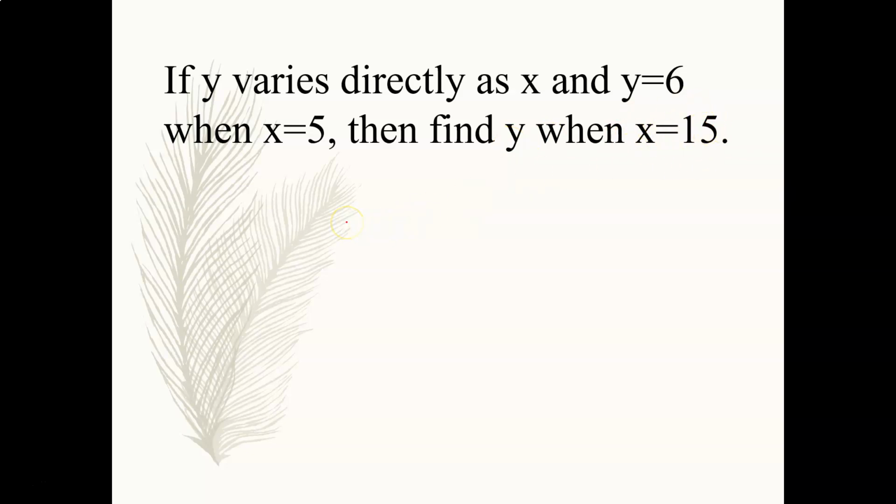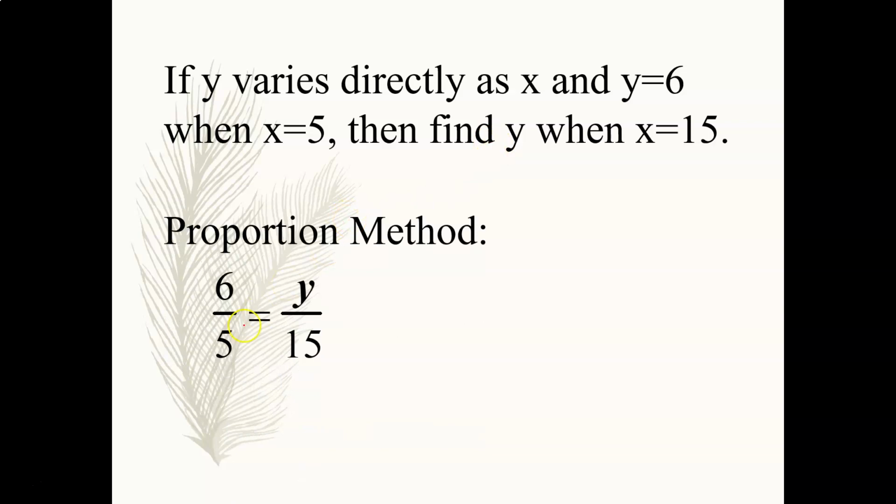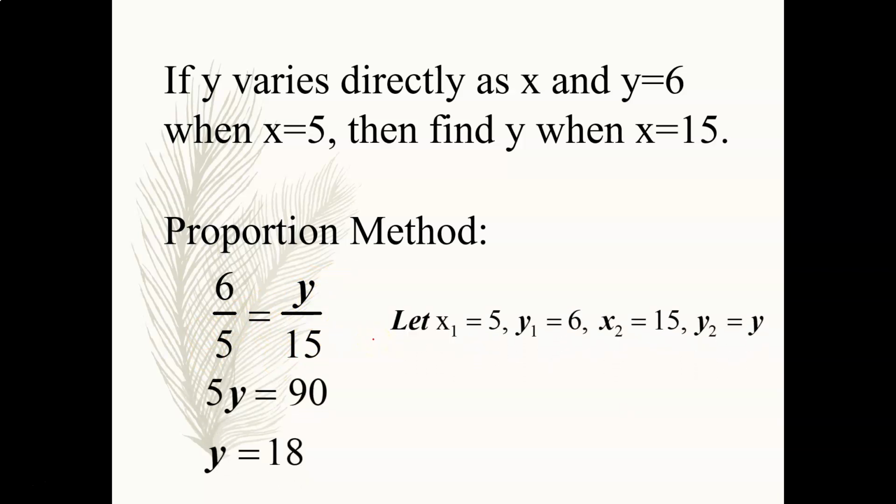Using ratio and proportion, we don't need to find the constant of variation. We're going to find only the value of y. So we can write 6 over 5 equals y over 15. Doing the cross multiplication, 6 times 15 is 90, and 5 times y is 5y. Then y equals 90 divided by 5, which is equal to 18.